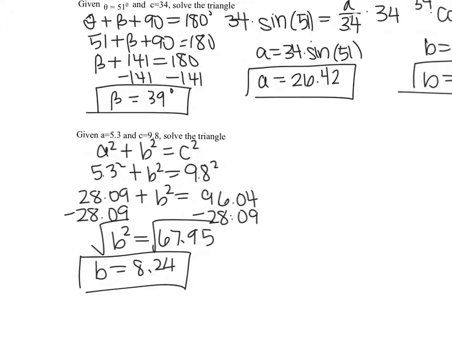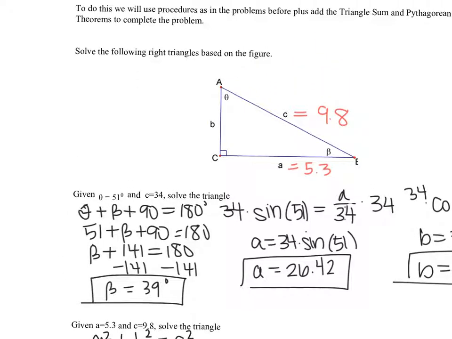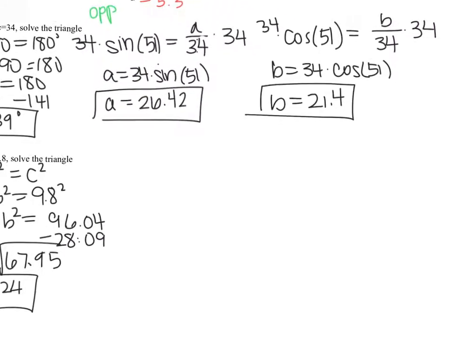So now we want to go ahead and solve for our angle measures. So we're going to set up the trig ratio that involves a and c. If I go back up to my picture, if we want to solve for theta first, a is the opposite side and c is the hypotenuse, and the trig ratio for opposite over hypotenuse is sine.